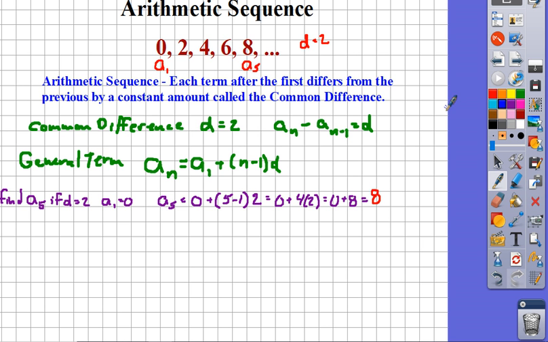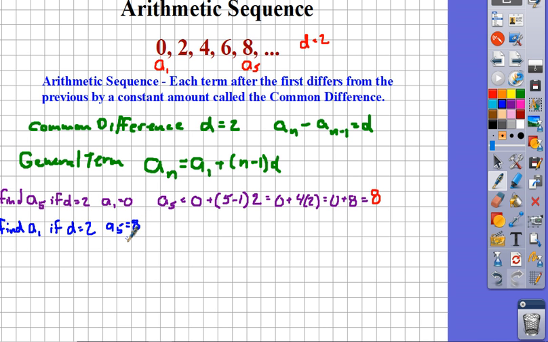So let's take a look at find the first term. In the last problem, we found the fifth term. Now we want to find the first term, a sub 1, if the common difference is 2 and the fifth term is 8. So a sub 5 equals 8.